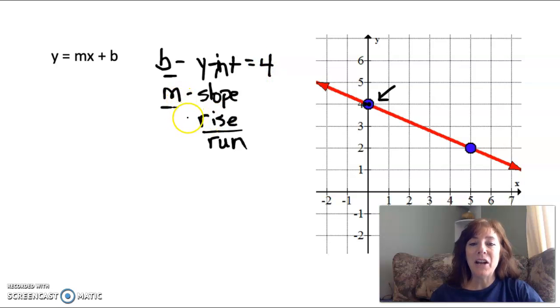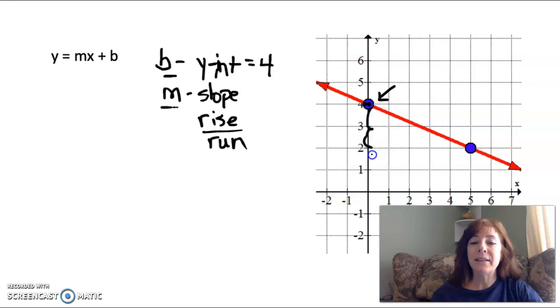Now to find our slope, we find 2 points, and we see these points highlighted in blue, and we just count. We go from one point, let's start at 4, to the other point, and we count. And our rise is actually a drop down, so we count 1, 2.